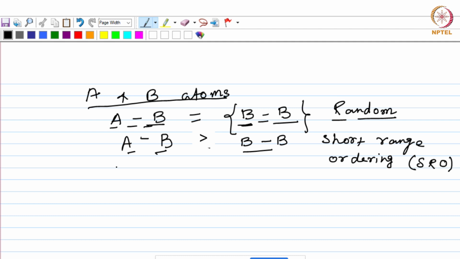Okay, and a complete opposite scenario of this is called clustering. That means the tendency of having similar atoms, that means B having B atoms around it, is more than the tendency of having dissimilar atoms. Okay, so if that happens, then this is known as clustering.